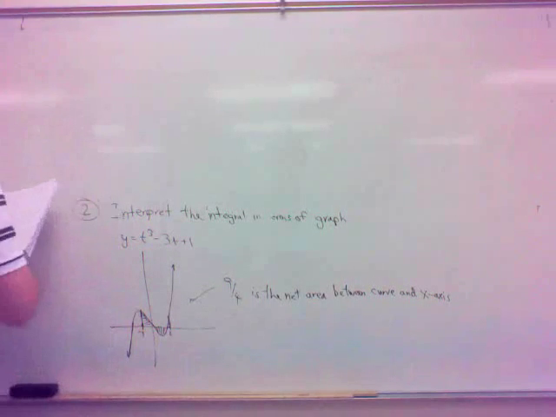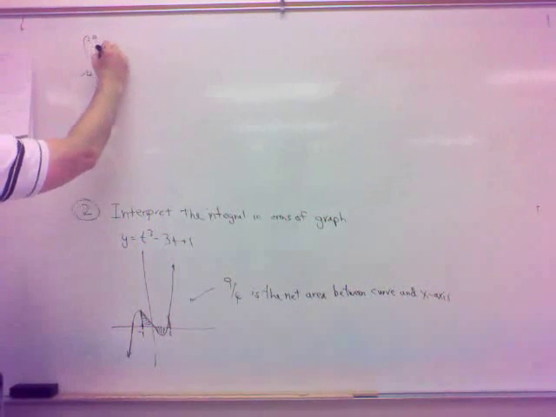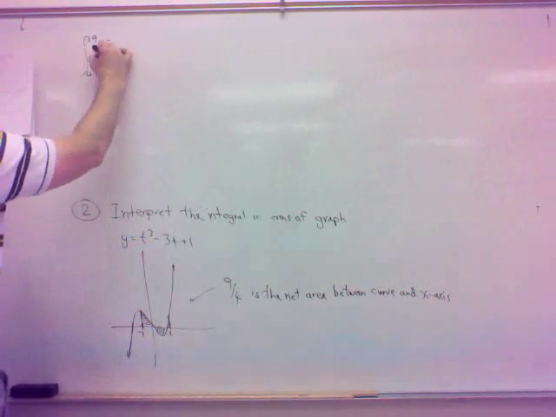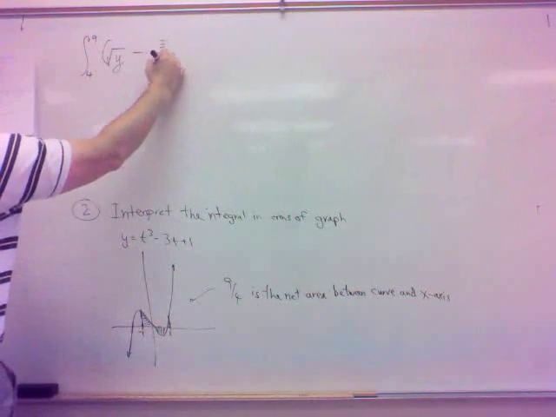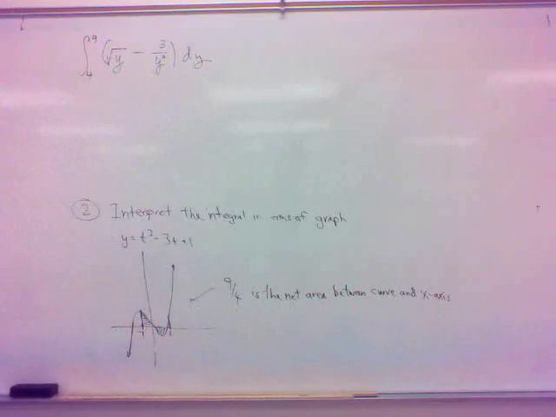Okay. What about this integral? Tell me what to do here. The integral from 4 to 9 of square root of y minus 3y squared dy. How would I evaluate that thing? We sort of did one earlier, but what do you think?